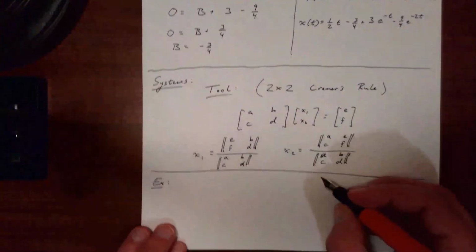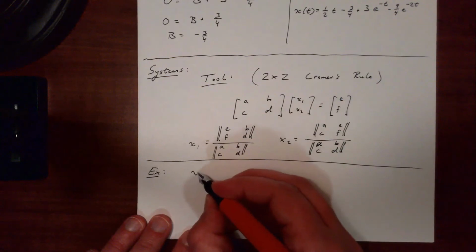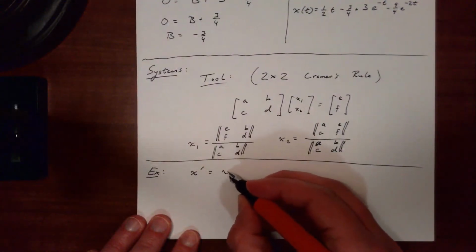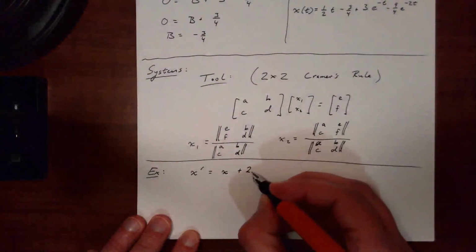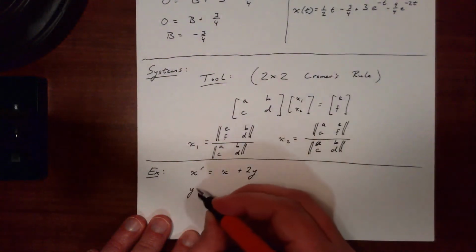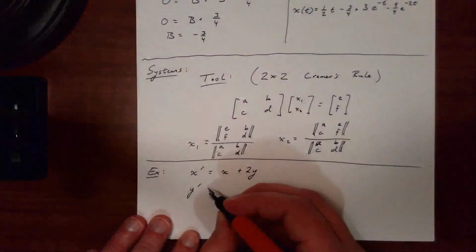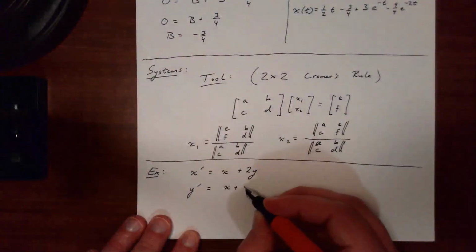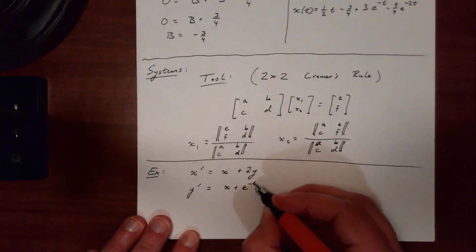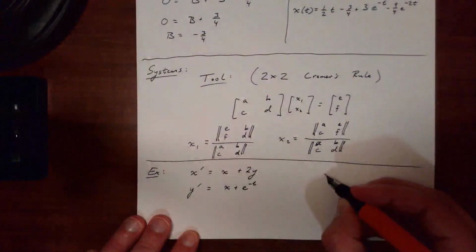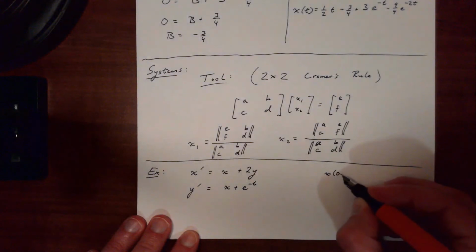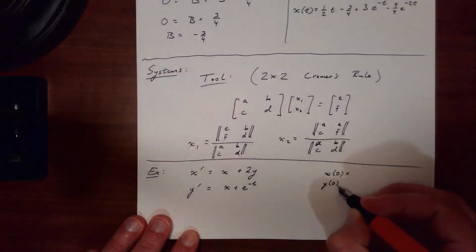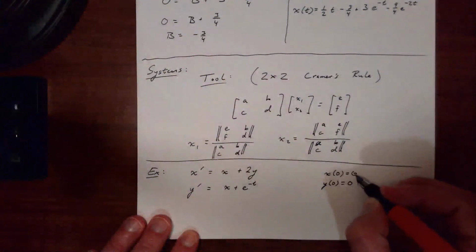For example, let's just take the system x prime is equal to x plus 2y, and y prime is equal to x plus e to the negative t, and we'll just take some very straightforward initial conditions, x of 0, y of 0, each equals 0.